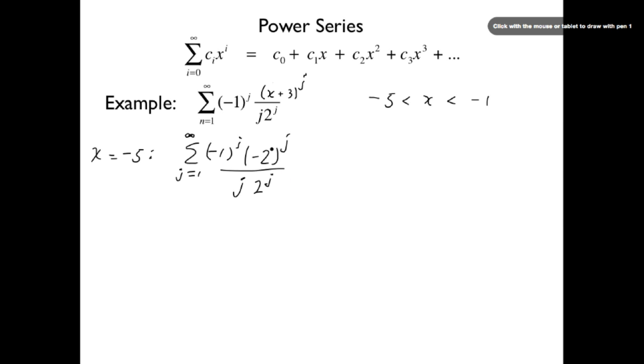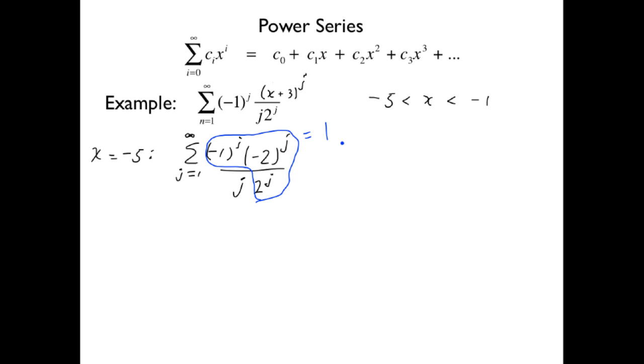Whenever they're both positive, you get positive. So all this stuff just becomes 1. Negative 2 over 2 all to the j is negative 1 to the j. When you multiply that by another negative 1 to the j, you'll always get positive 1, because they'll either both be negative 1 or both be positive 1.